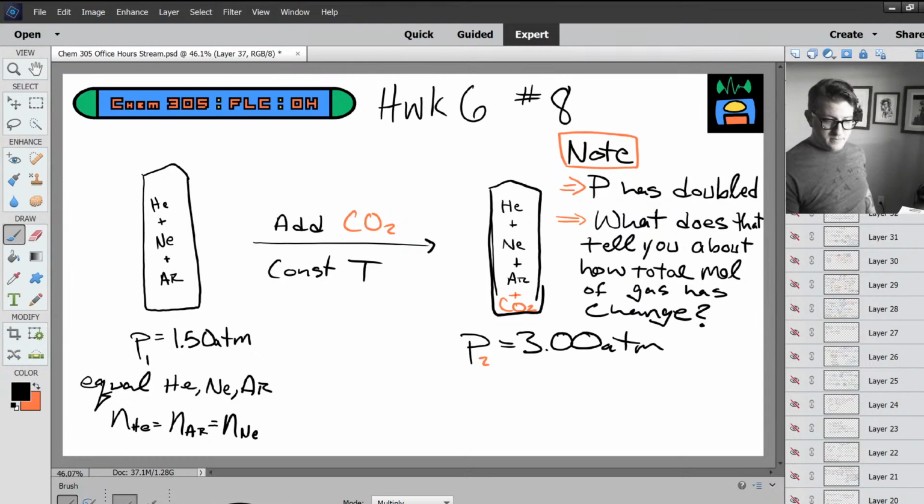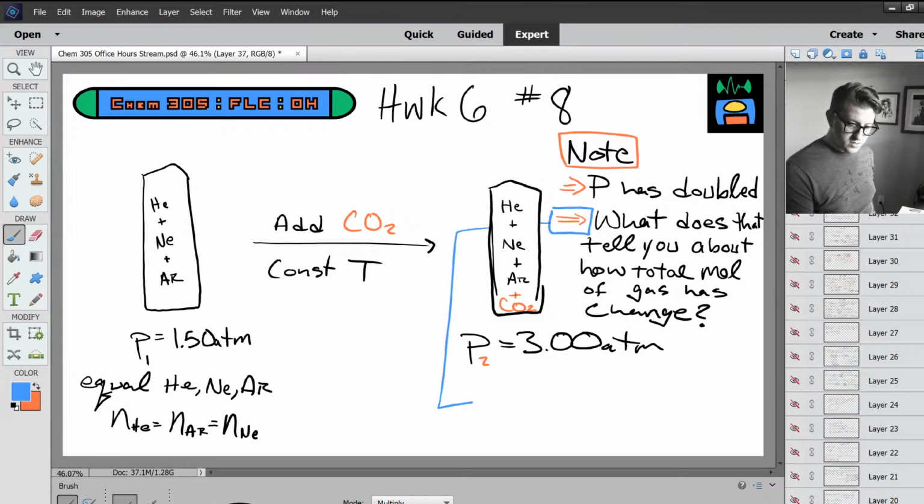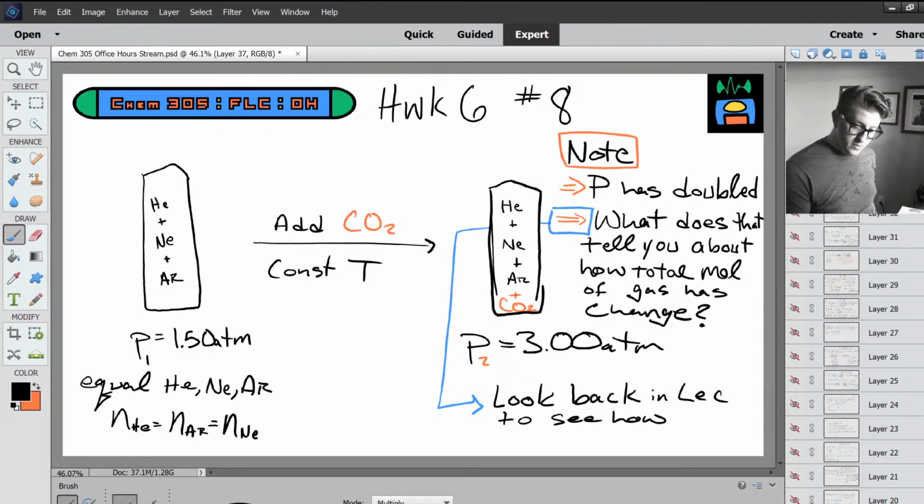If you need another prompt, look back in lecture to see how pressure and moles are related to each other.